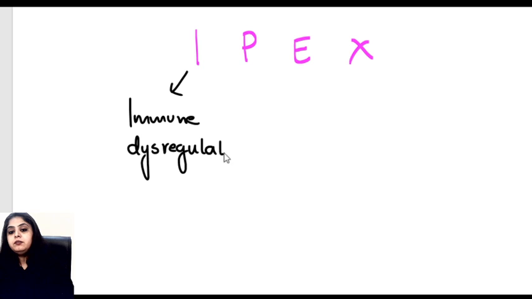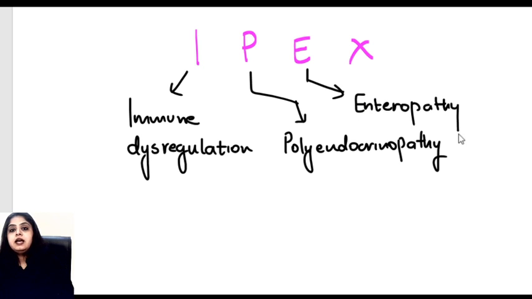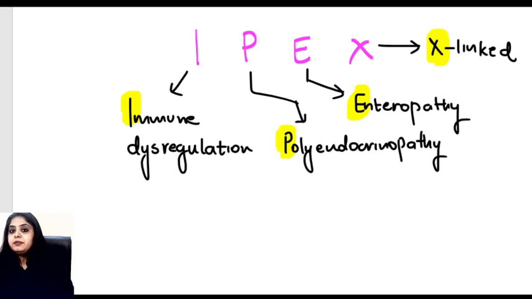Next, the P stands for polyendocrinopathy. Next, the E stands for enteropathy. And lastly, the X stands for X-linked. It is an X-linked disorder. So repeating, immune dysregulation, polyendocrinopathy, enteropathy, and X-linked makes it IPEX syndrome.